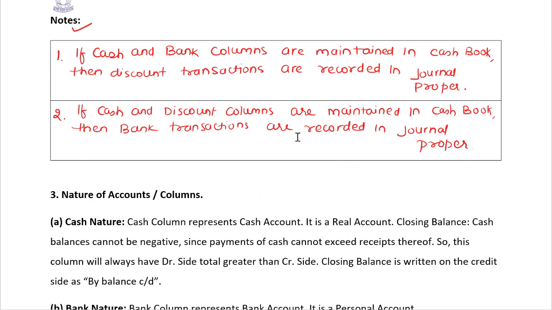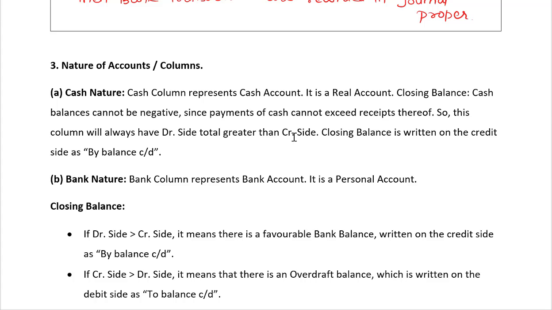Let's see the nature of accounts now. We'll start with cash first. The cash column represents the cash account, which is a real account.